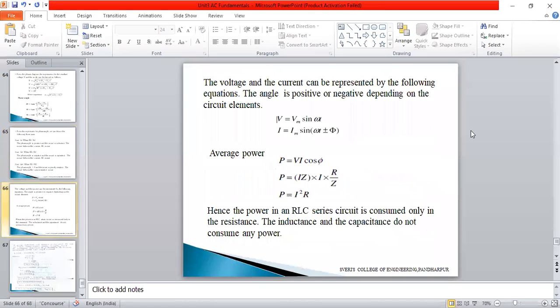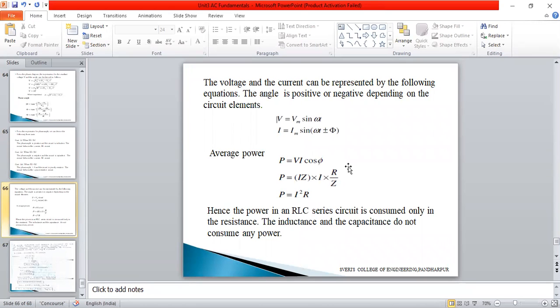So P equals VR I. From cos phi equals VR by V, VR equals V cos phi. So P equals VI cos phi, the average power of the resistance only.